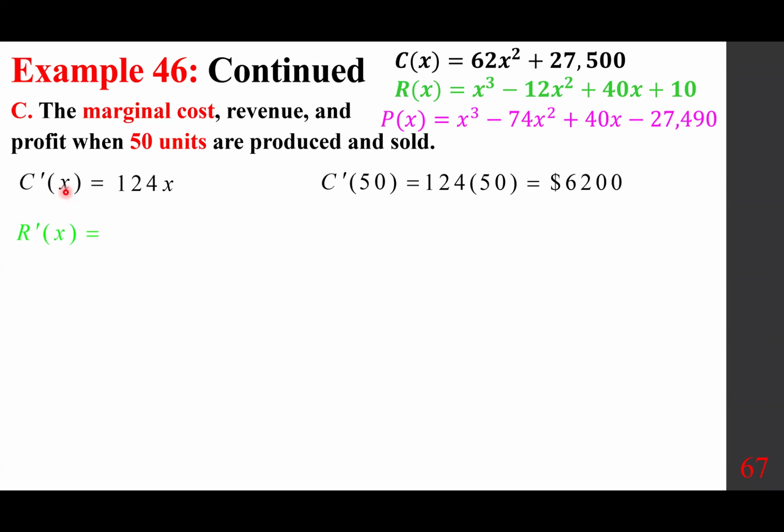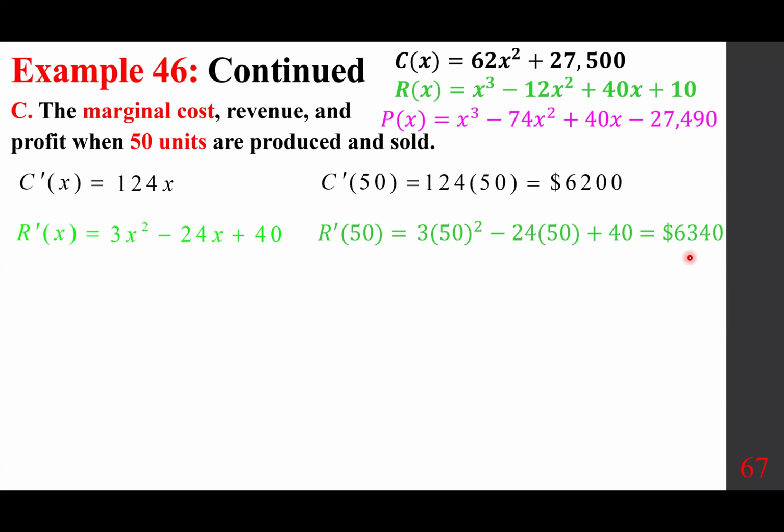R prime, differentiate this one. 3x squared minus 24x plus 40. 50 units, replace the x with 50. R prime of 50 is 3 times 50 squared minus 24 times 50 plus 40. And we get $6,340.